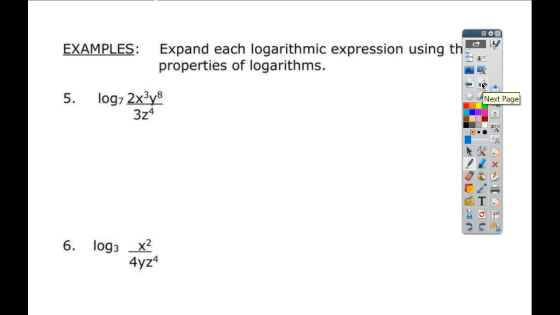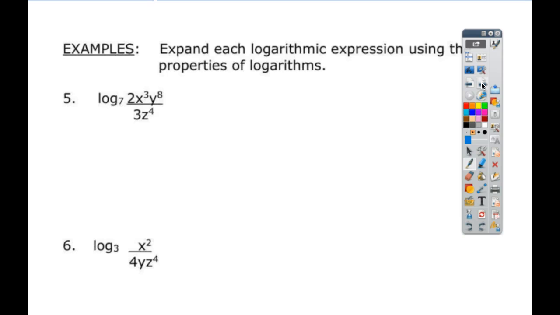Okay. So now, let's look at number 5. How many numbers and variables do I have total? 5, so I have to have 5 logs. So this is where there's 2 different ways we can write this. And I'm going to show you both ways, okay? So the first way, we're just going to do the top, okay?